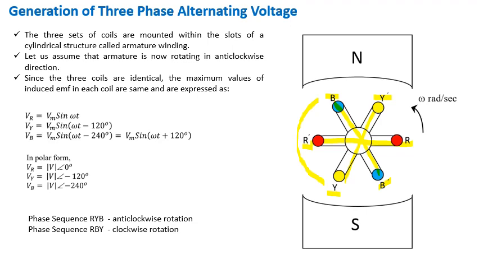When this set of coils is rotated in a uniform magnetic field, it induces EMF, but the induced EMF in all the coils is not the same at any instant. They are different because of the different lines of magnetic force being cut by them.